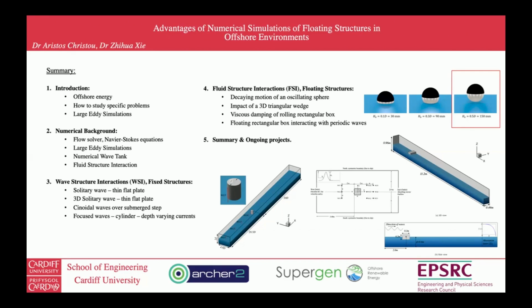And then finally going to floating structures, where we further accommodate a new toolbox on the numerical wave tank to simulate floating structures, as, for example, decaying motion of a sphere or the impact of a triangular wedge, and then floating box interacting with waves in the numerical flume.